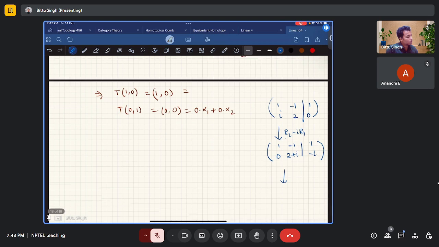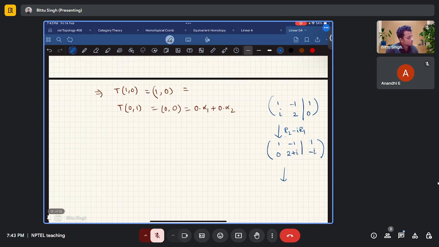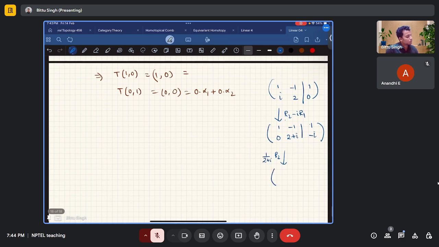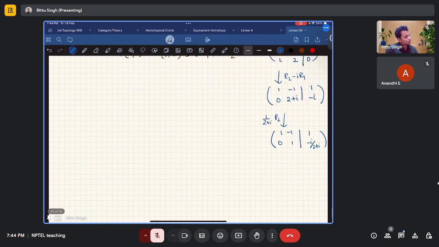Okay, so now 1 by 2 plus I times R2. This gives us 0, 1 here, and minus I by 2 plus I, and 1 here. Now we simply do R1 plus R2.